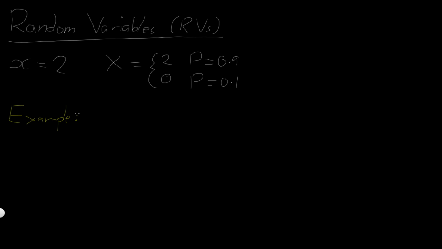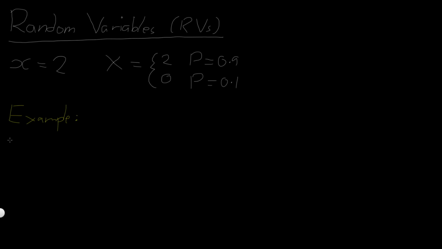It could be heads or it could be tails. If you really want to go into it, you could say it lands on its side, but let's just say heads or tails. So we can take the value of the coin flip as a random variable, because we don't know exactly what the value will be beforehand, so we can model it.